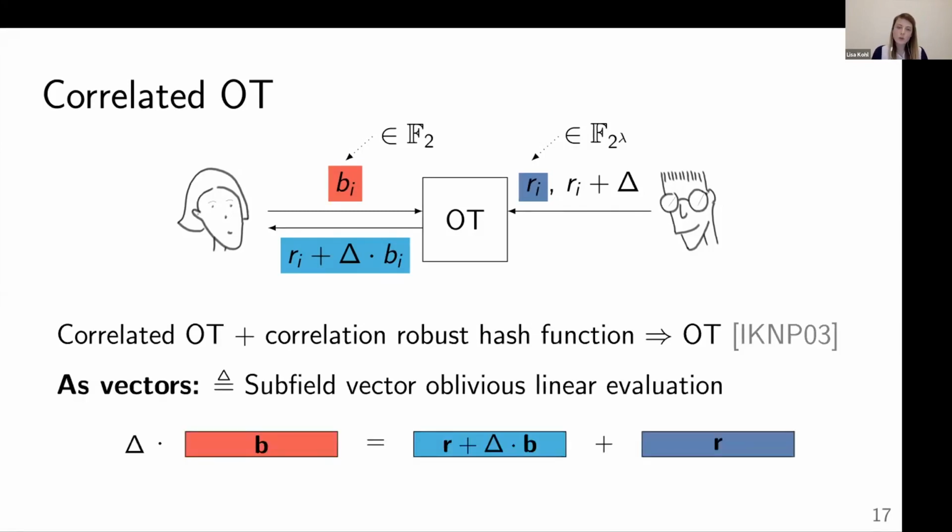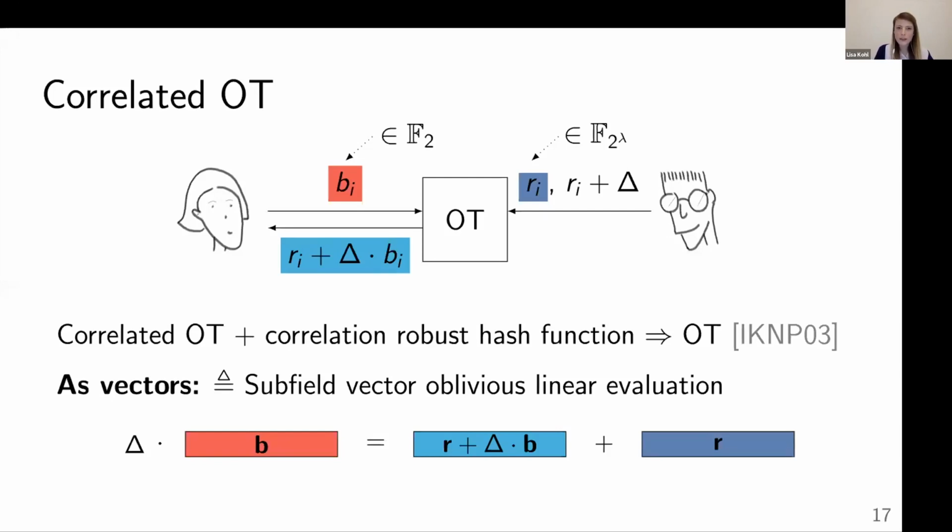If you write it now as many of these, as vectors, then the light blue and the dark blue add up to a secret sharing of delta times the vector B. In other words, this is actually subfield vector Oblivious linear evaluation, if you're familiar with it. If not, it's not necessary for the rest of the talk.